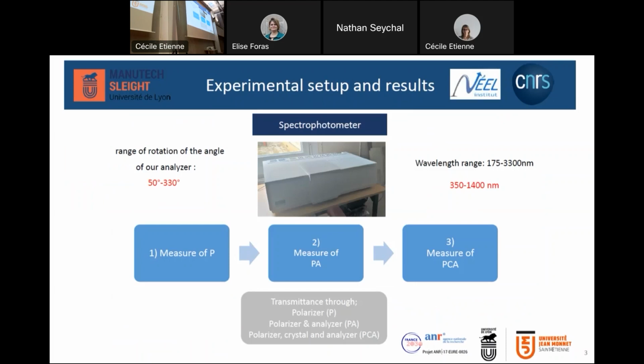We can imagine an optical bench mounted inside our spectrophotometer. We realize these measures for each wavelength in this range of wavelengths, and our analyzer rotates between this range of angles.